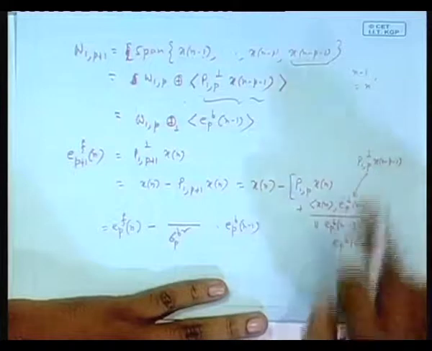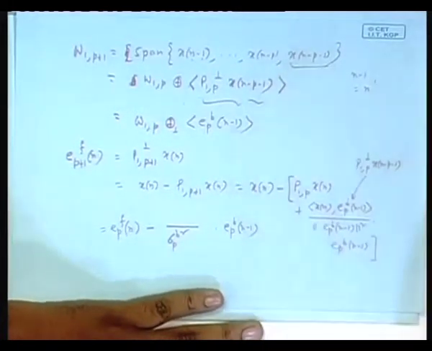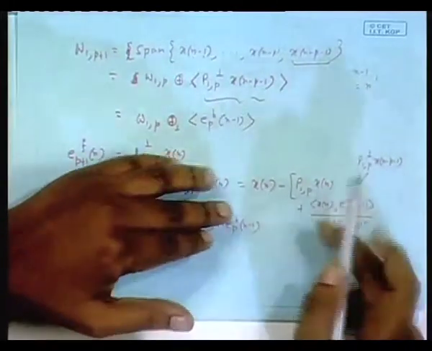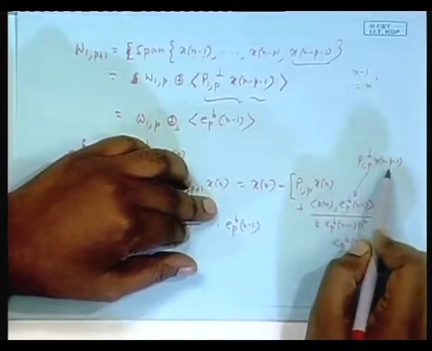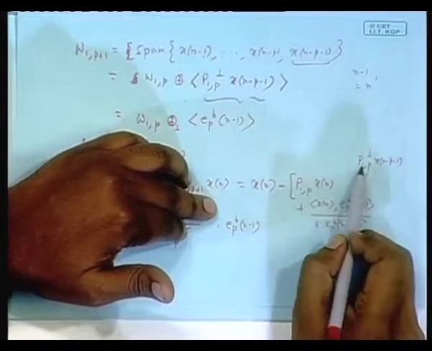So xn comma that. And remember I showed some fantastic thing last time, that whenever you have this operator, you can interchange the operator: xn comma this projection or projection error operator working on another vector. You can either repeat it on both, or you can take it from here and push it here.